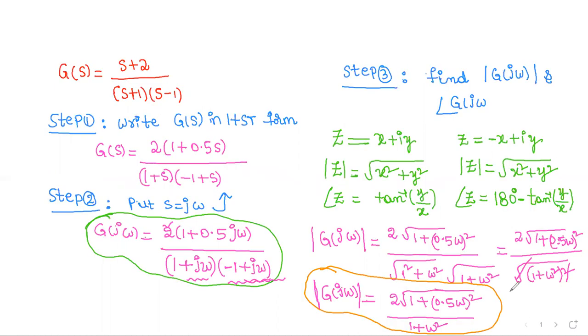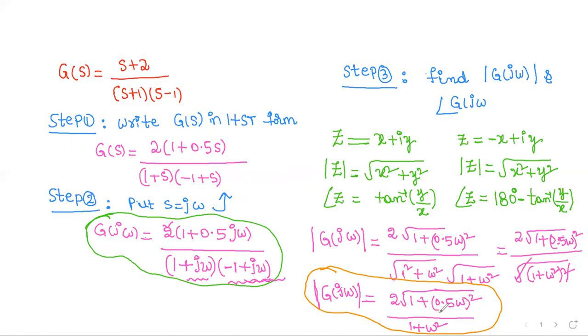If you substitute omega equal to infinite, this is 2 root over 1 plus... if you take omega square common, this becomes 1 by omega square plus 0.5, and in the other term also, taking omega square common, this becomes 1 by omega square plus 1. Then the omega inside and the omega square get cancelled, so in the denominator we are left with omega only.